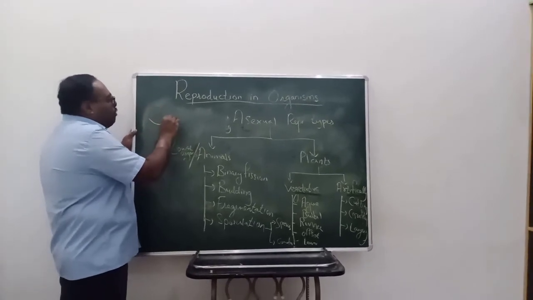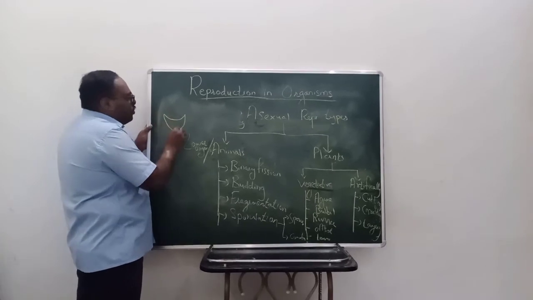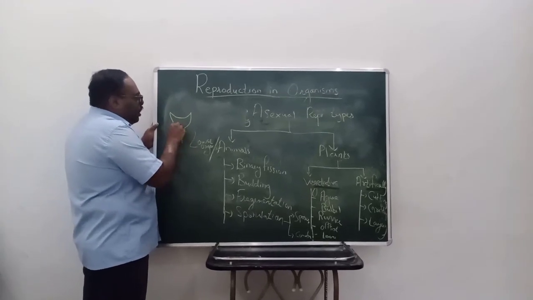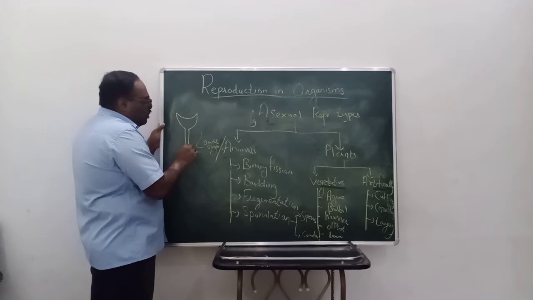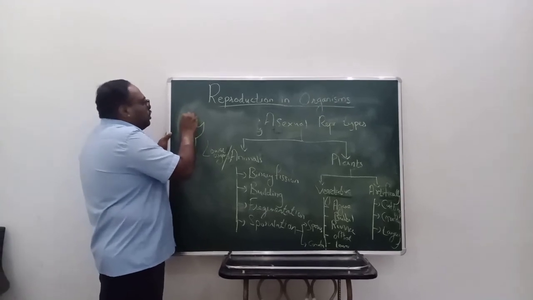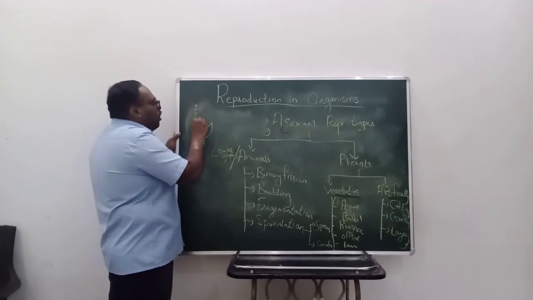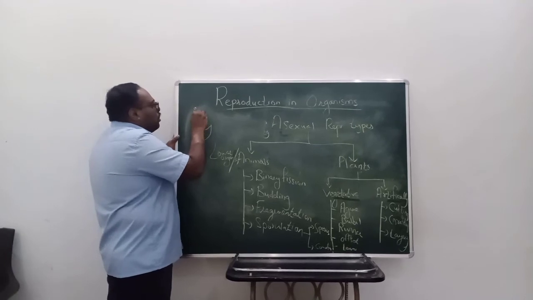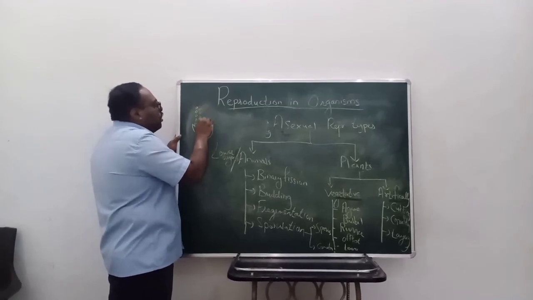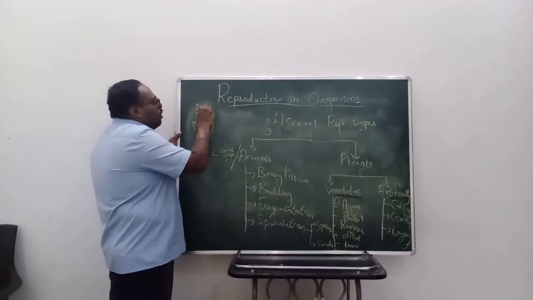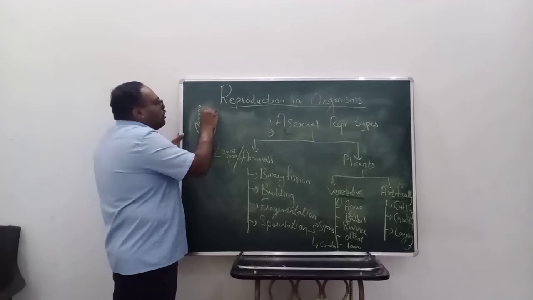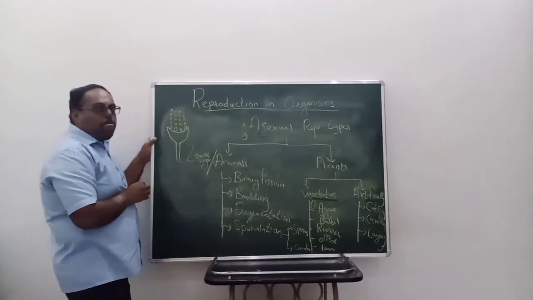Penicillium is a fungus which has a shape something like this, and over it we can see small growths, which are called the conidia.